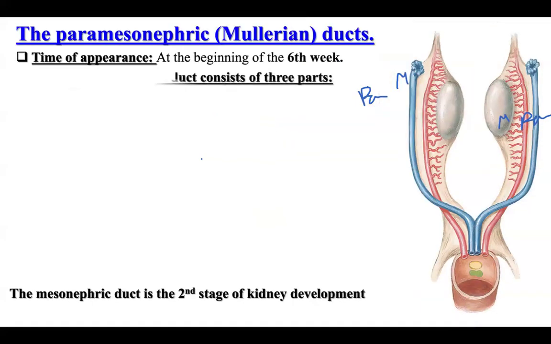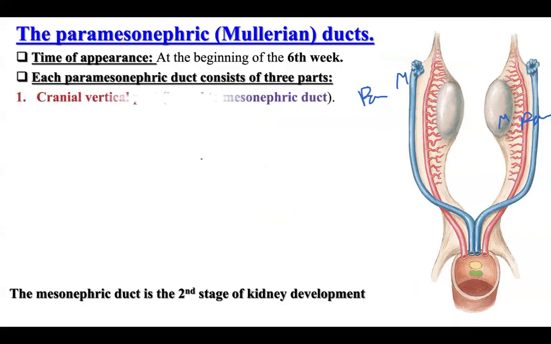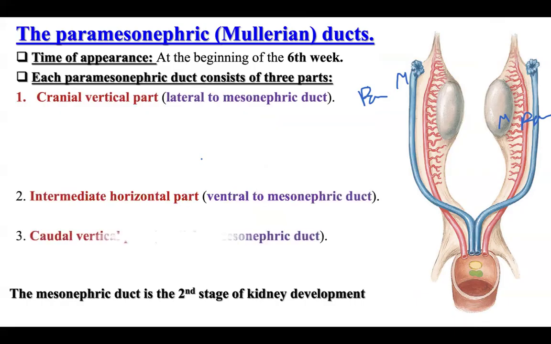What happened to the paramesonephric duct? It starts to appear at the beginning of the sixth week. It consists of three parts: cranial, vertical, lateral to the mesonephric, the intermediate horizontal, ventral to the mesonephric, and the caudal, medial to the mesonephric.